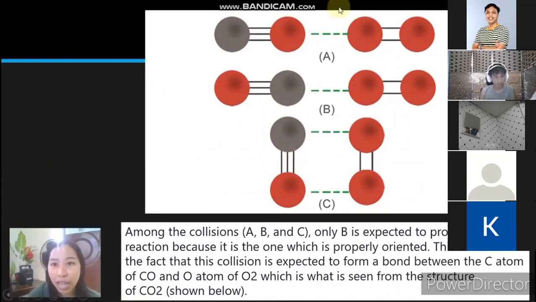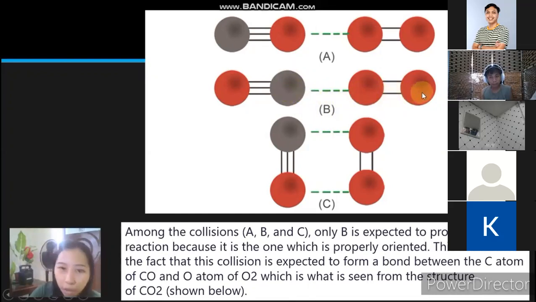Now for letter A, as what you can see, ang nag-collide is kining isa ka O sa imong CO ug kining isa ka O sa imong O2. No? For letter B, ang nag-collide kay si C, the carbon atom in your CO molecule, and the O atom in your O2 molecule.